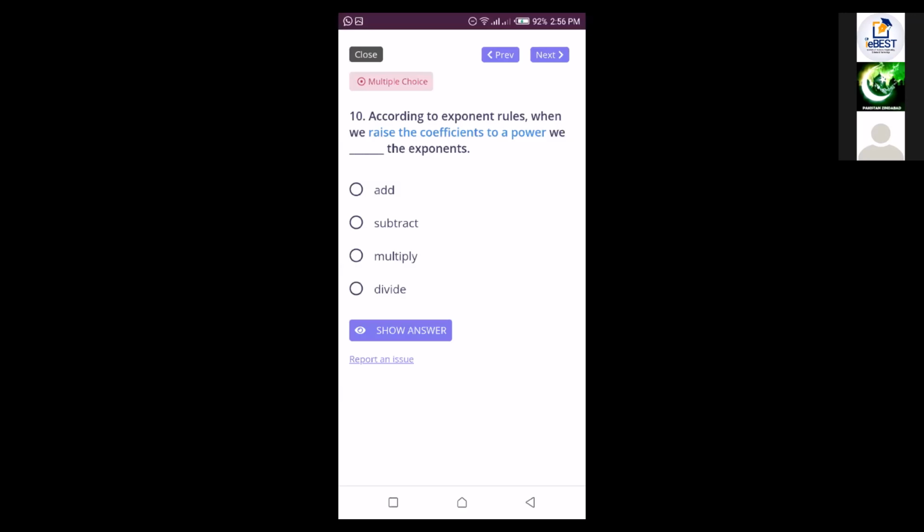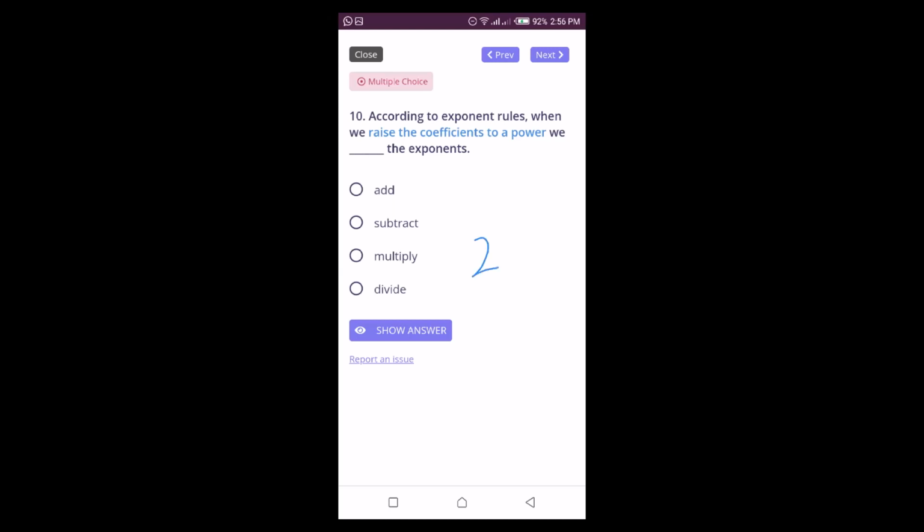Now according to exponent rule, when we raise the coefficients to a power, we dash the exponent. Now, coefficient is what? Let me clear you that the coefficients are, for example, if I write 2 raised to the power 3, 2 raised to the power 5. Coefficient is the relation between these two exponents.